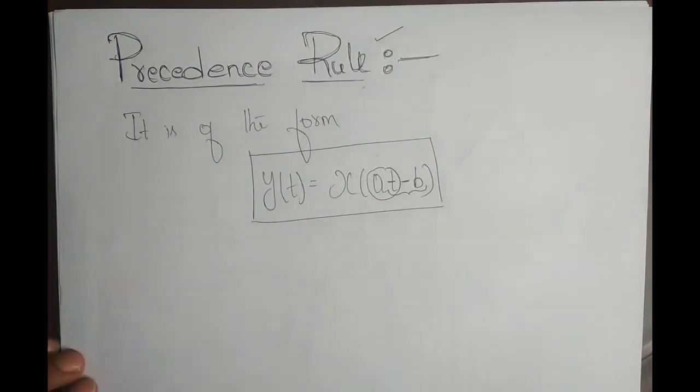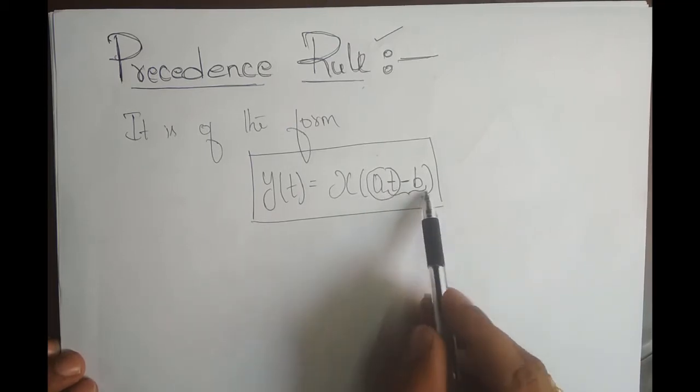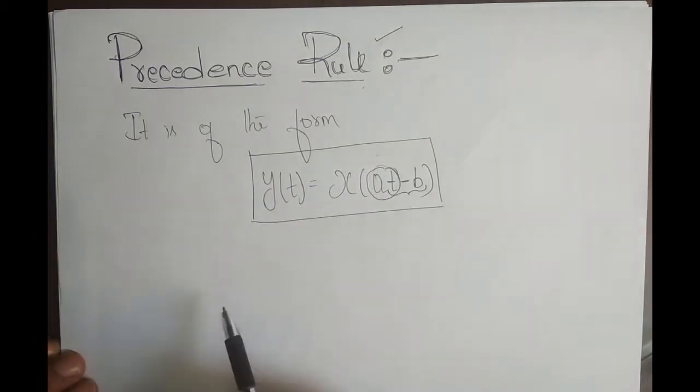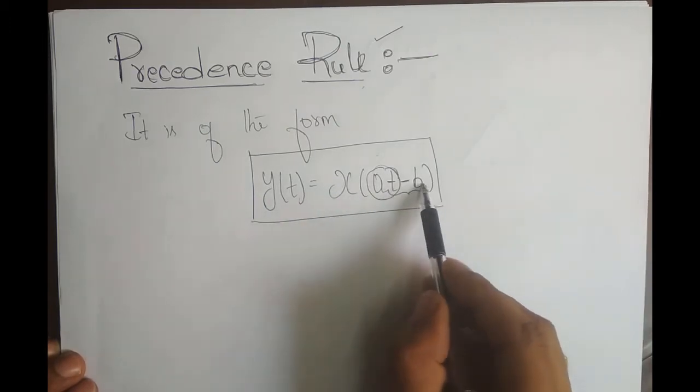So when do we use the precedence rule? Whenever a signal x of t involves both time shifting operation as well as time scaling operation, and it is of the form y of t is equal to x of at minus b.